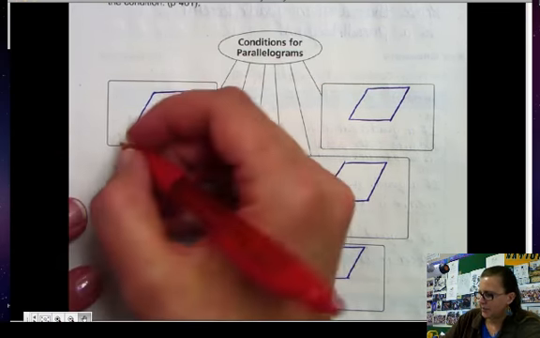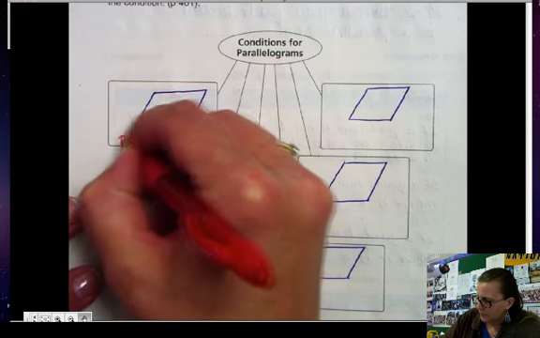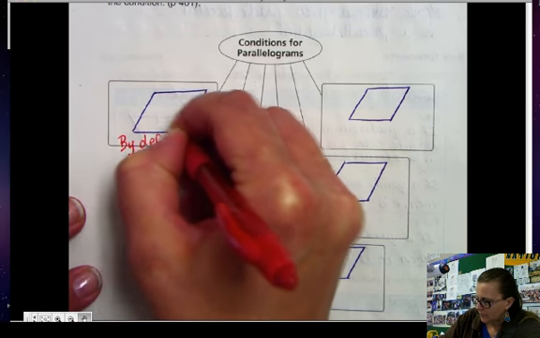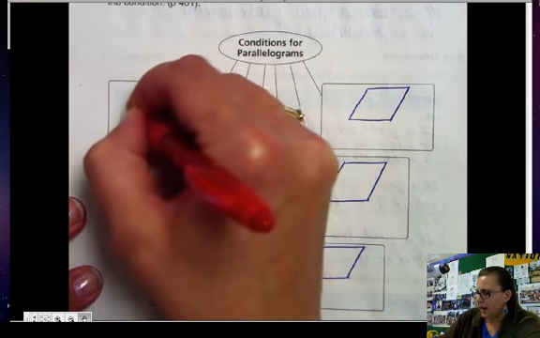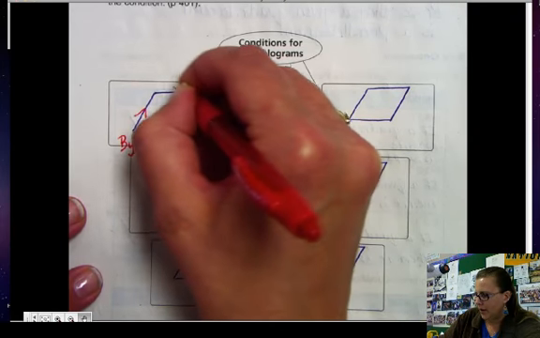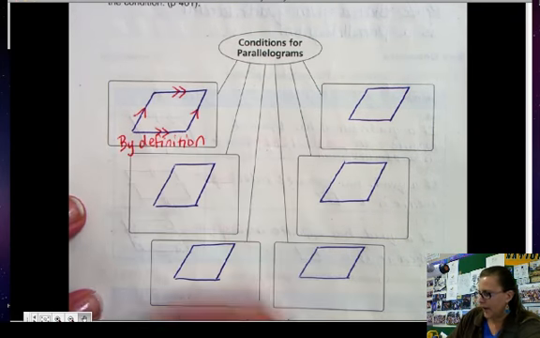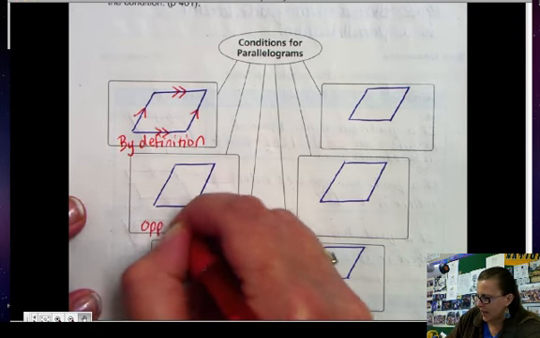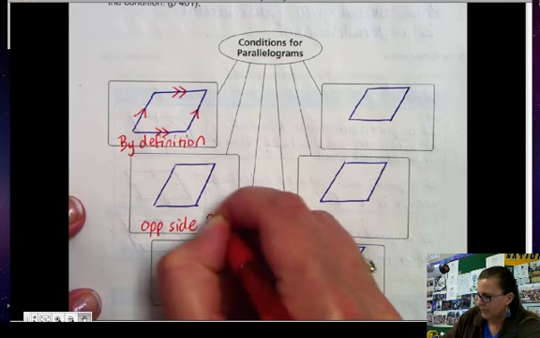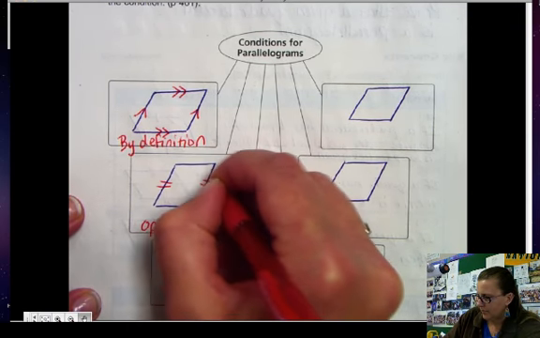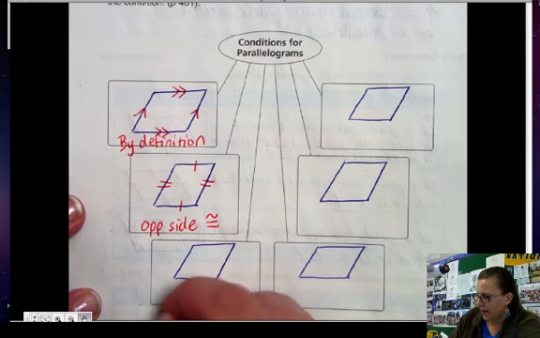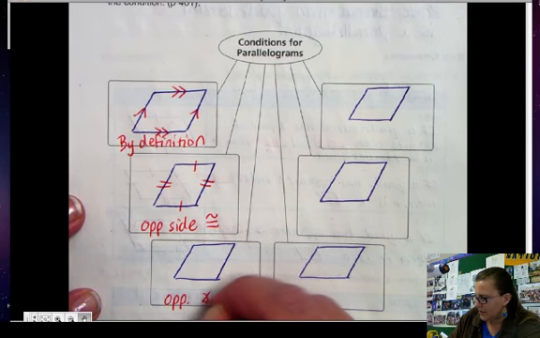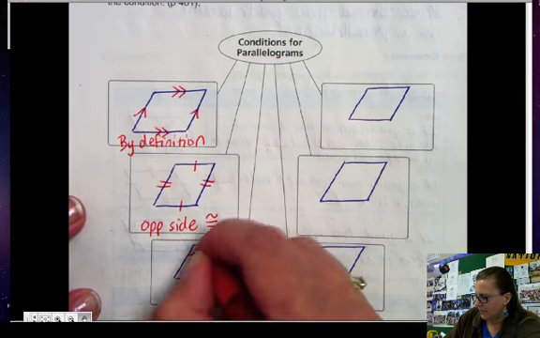First way is by definition. Definition says that opposite sides are parallel. Second way is opposite sides congruent. Third way, opposite angles congruent.